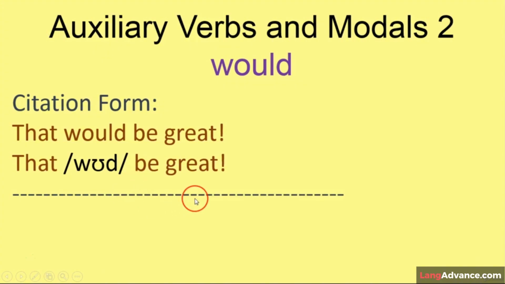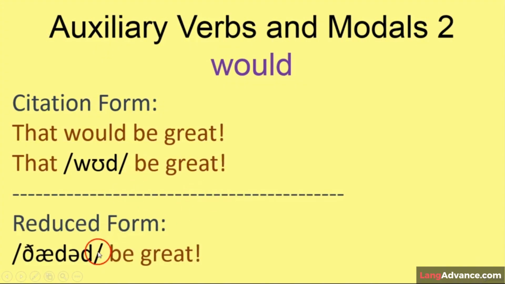But when we speak using reduced forms, the letter W is dropped, and the sound becomes the short schwa. This word that in IPA looks like this.